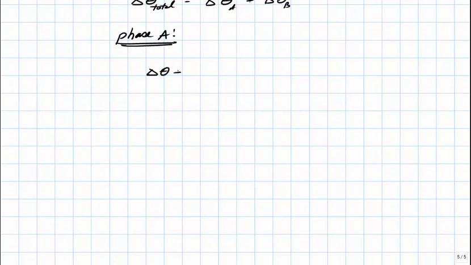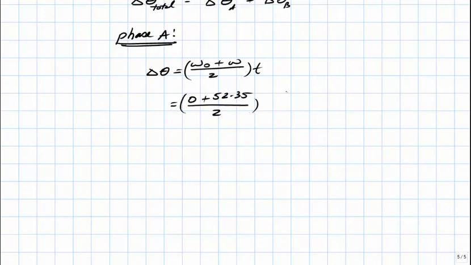Delta theta equals omega 0 plus omega over 2 times t. Omega 0 in phase A was 0. The final angular velocity in phase A is 52.35 over 2, and the time in phase A equals 8 seconds.